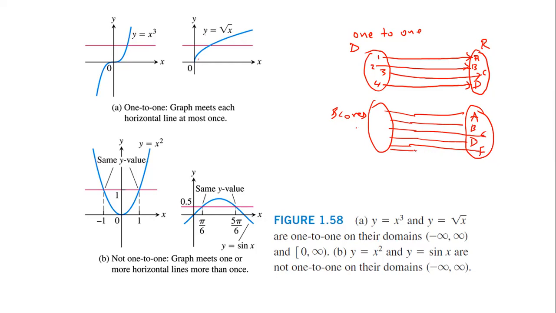Yes. Okay. How many students in the class do we have? If we have only 5 students and the first student got an A, the second student got B, the third student got C, and the fourth got D, and the fifth got F, yes, it's one-to-one. But is that normal?